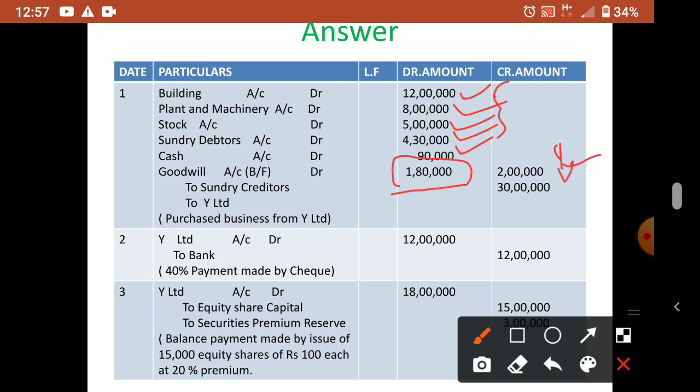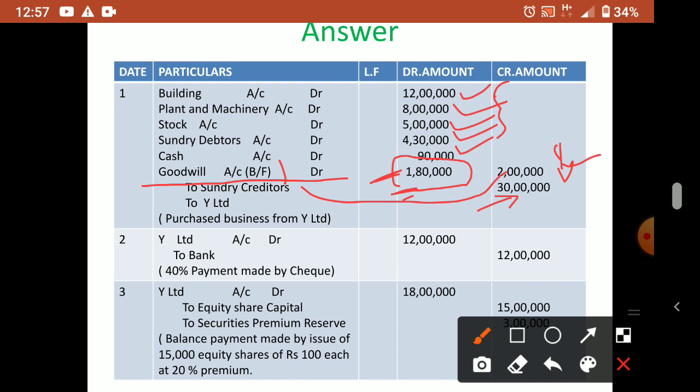Okay, this is creditors 2 lakh, and Y Limited it is given 30 lakhs we have to pay. Okay, now when you total, no, here difference will come on this side. That's why when this difference comes on the asset side, what you have to write? Goodwill, balancing figure. That is why B slash F is written. Balancing figure 1 lakh 80 is coming. Okay, if balance come in the credit side, you have to put capital reserve.